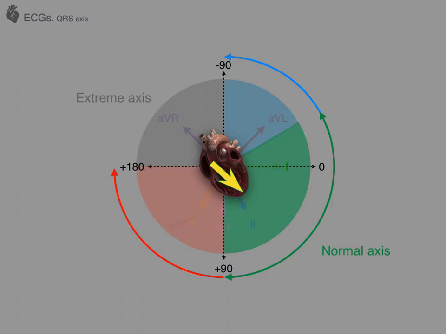Hopefully it seems fairly obvious to you that in health, the overall average ventricular depolarization would occur somewhere in this normal axis range shown here in green. If the average direction of ventricular depolarization shifted up to the left towards this blue area, hopefully you appreciate that that probably indicates the potential for some pathology or abnormality.